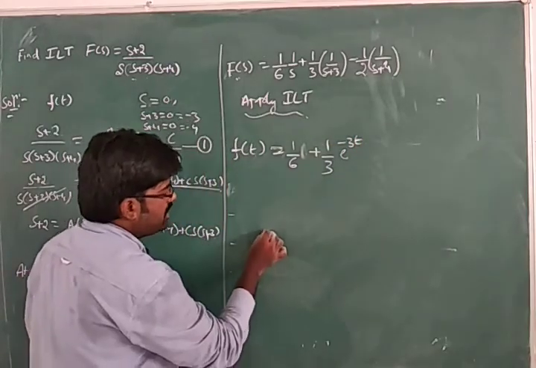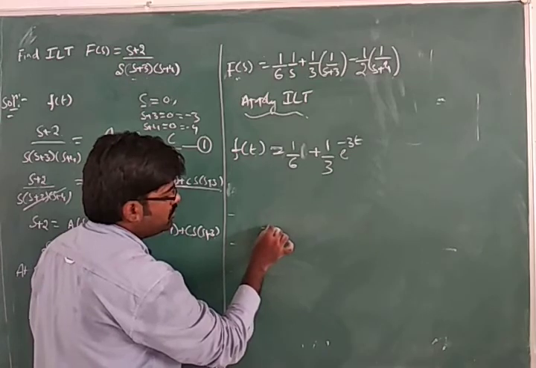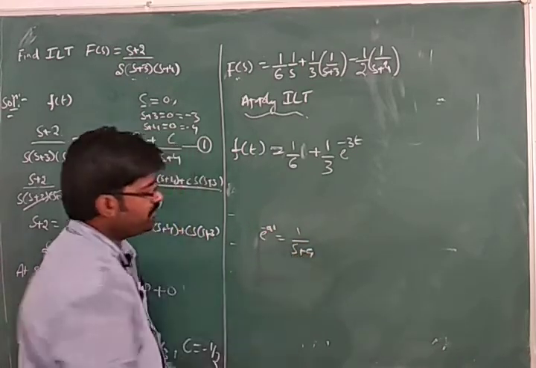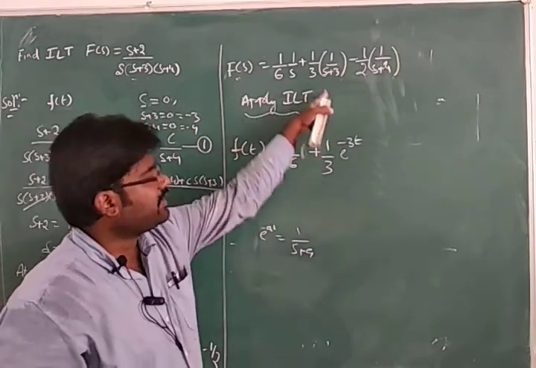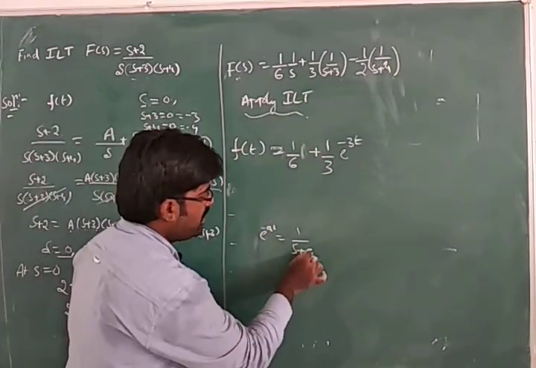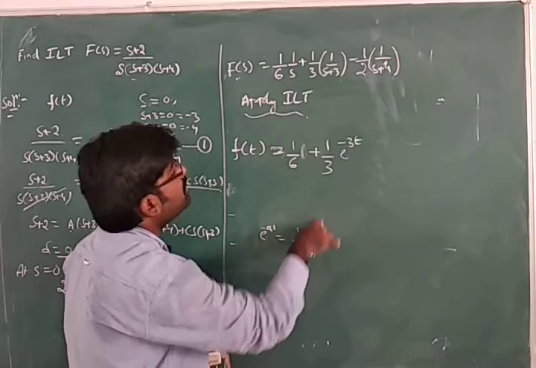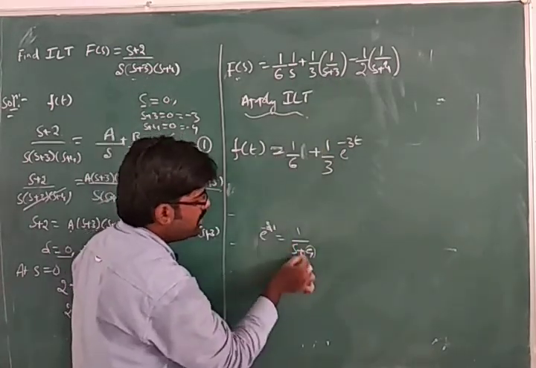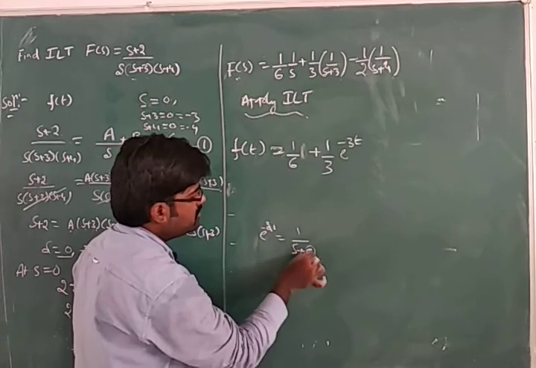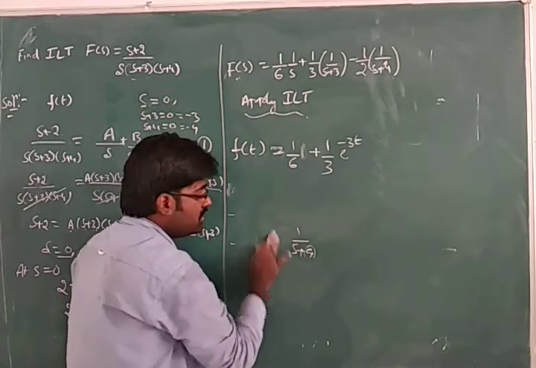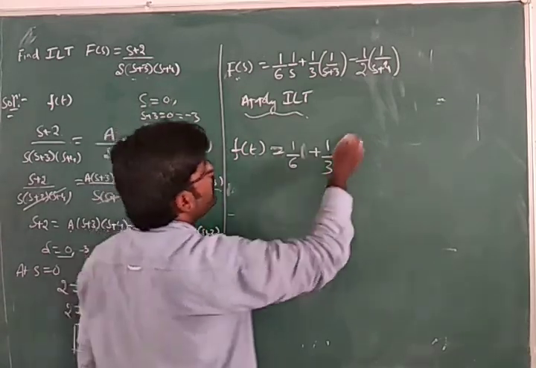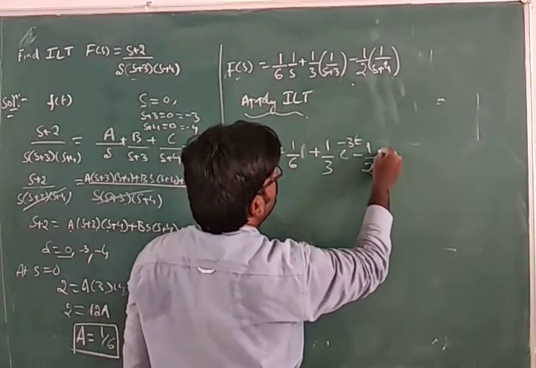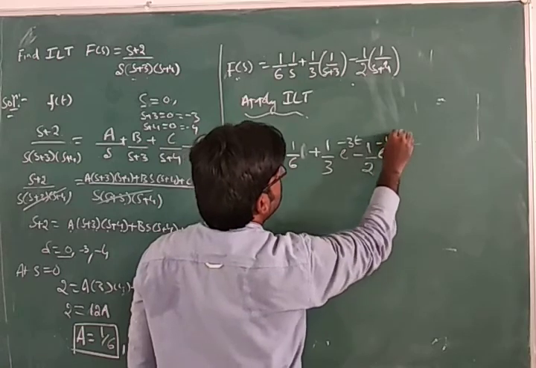You already know the Laplace transformation of e raised to -at is 1/(s+a). This equation is in s+a format, and in place of a you have 3, therefore e raised to -3t. If plus is there, we write minus, and if minus is there, we write plus. These are the formulas we have to remember. Then the inverse Laplace of this is 1/2 into e raised to -4t.